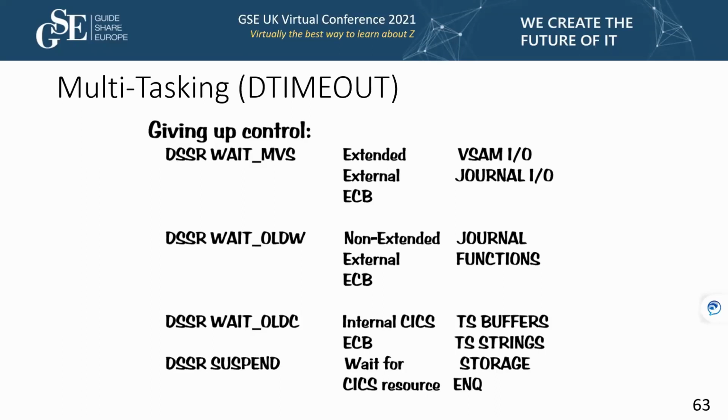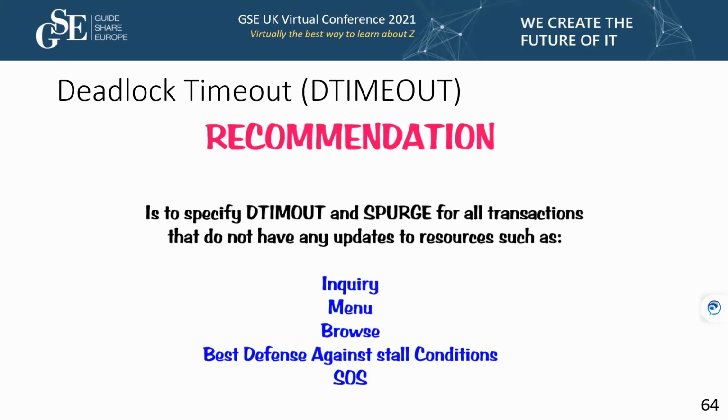You should set a DTIMOUT value that makes sense in your environment so that you don't have these tasks that get suspended and then other tasks that could back up behind it, right? And so again, specify DTIMOUT and SPURGE for all transactions, right, that do not have any updates to resources such as things like inquiry or menu or browse. And again, having a DTIMOUT for a transaction is not a bad thing to set up in advance.